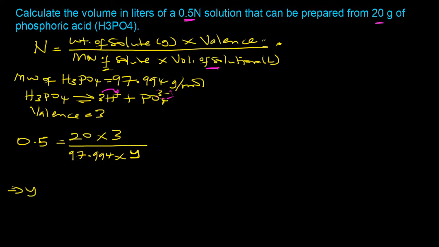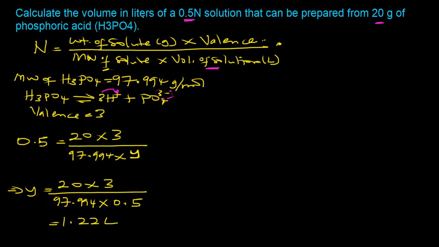So if we go ahead and solve, y is going to be equal to 20 times 3 divided by 97.994 times 0.5, and our volume in liters is actually going to be equal to 1.22 liters.